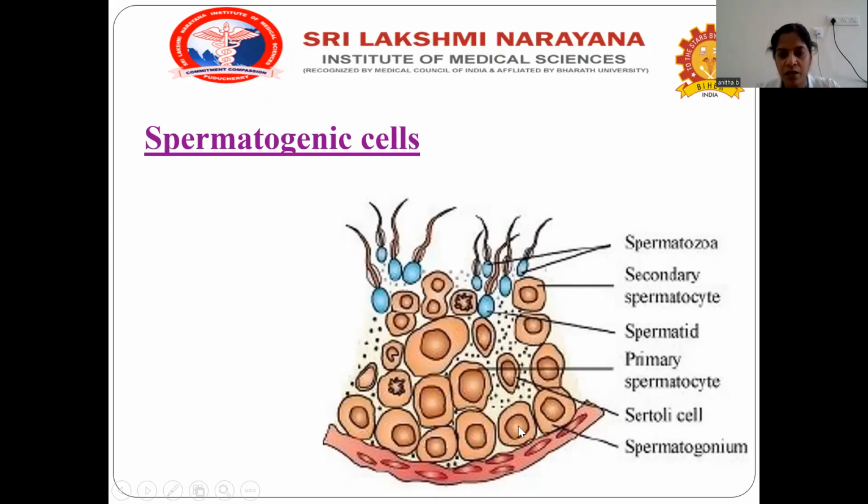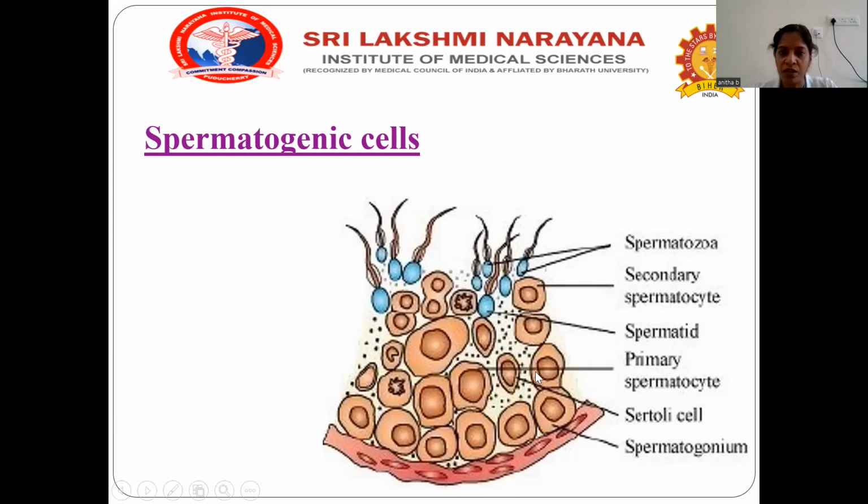From the spermatogonia, due to mitotic divisions, primary spermatocytes are produced. From the primary spermatocytes, secondary spermatocytes are produced. From the secondary spermatocytes, spermatids are produced. From the spermatids, spermatozoa are produced. Okay, so what are the spermatogenic cells?